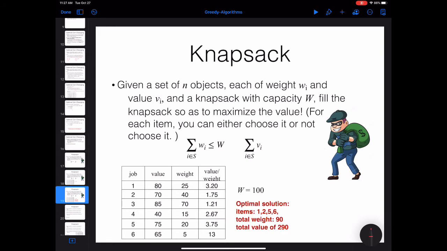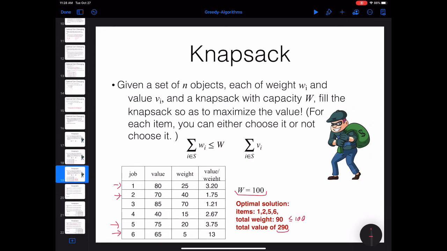If the total weight that we have is 100, and you do a search over the objects, you will see that the optimal answer is choosing object 1, object 2, object 5, and object 6, which in total gives me the value 290, and the weight is going to be less than or equal to 100. The weight is going to be 90. So now let's look at a couple of greedy strategies.